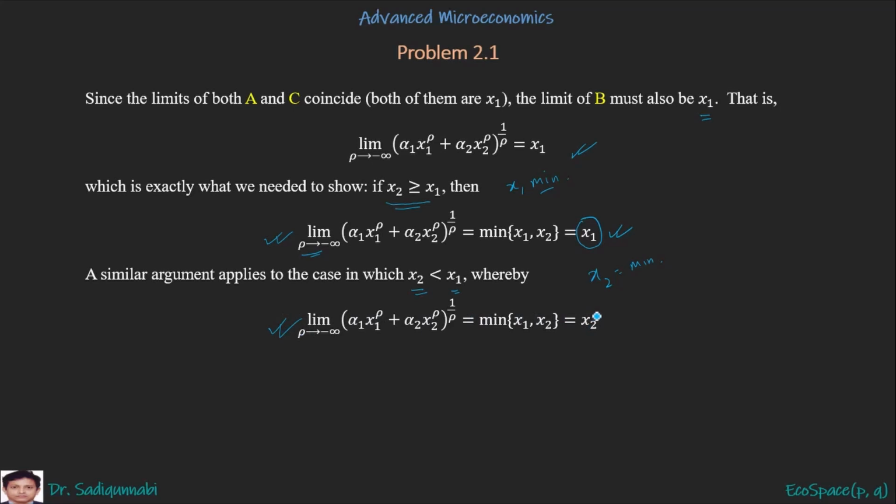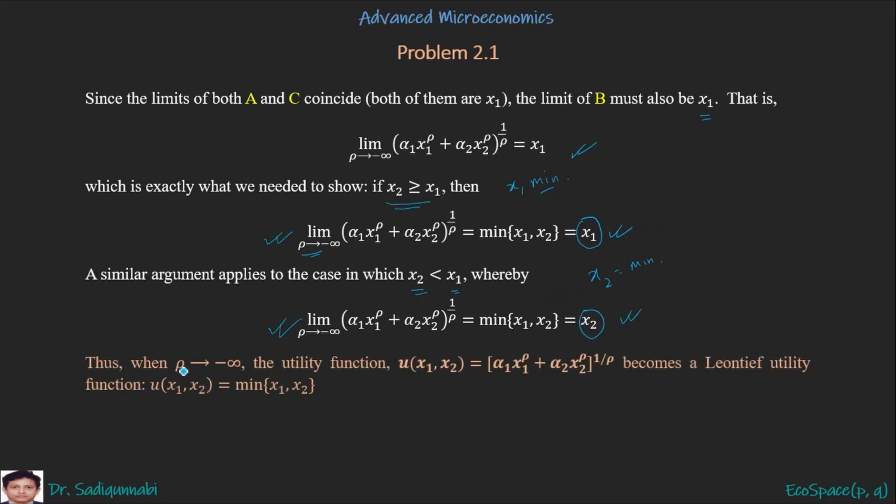Combining these two results, we can say that when rho tends to minus infinity, the utility function u(x1, x2) equals alpha 1 x1 to the power rho plus alpha 2 x2 to the power rho, whole to the power 1 upon rho, becomes a Leontief utility function. u(x1, x2) equals the minimum of x1 and x2.